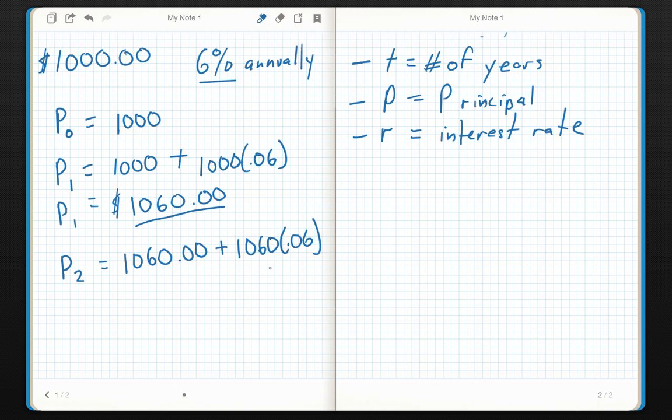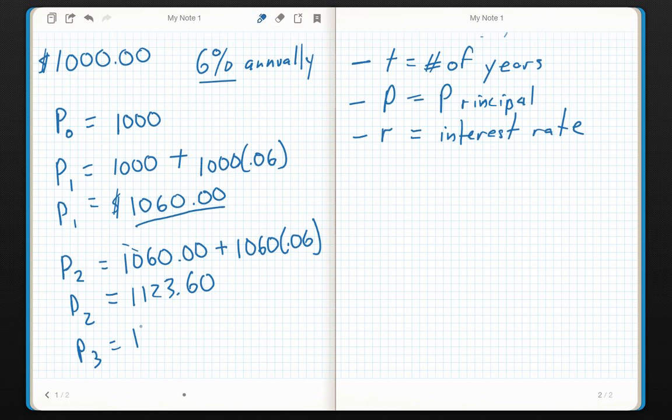And 1,060 times 0.06 is 63.60. So we end up with $1,123.60, which is P2. Now P3 will be the same process.